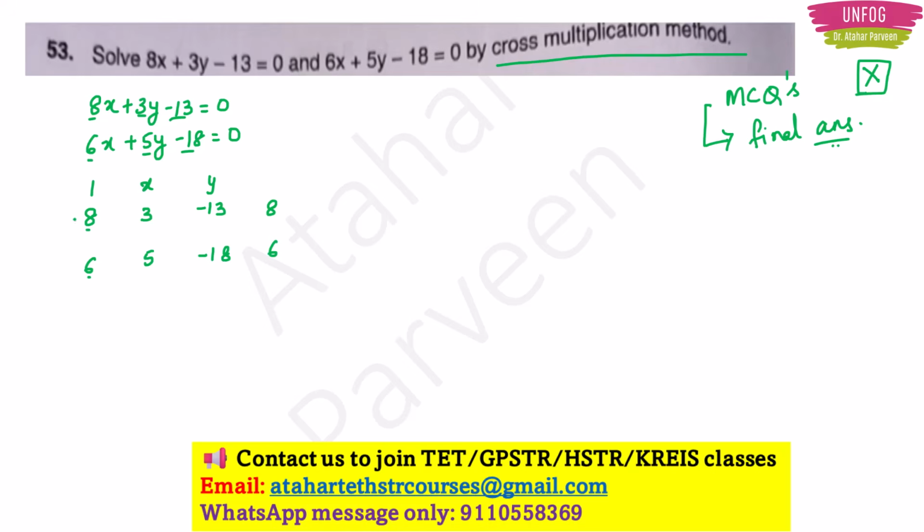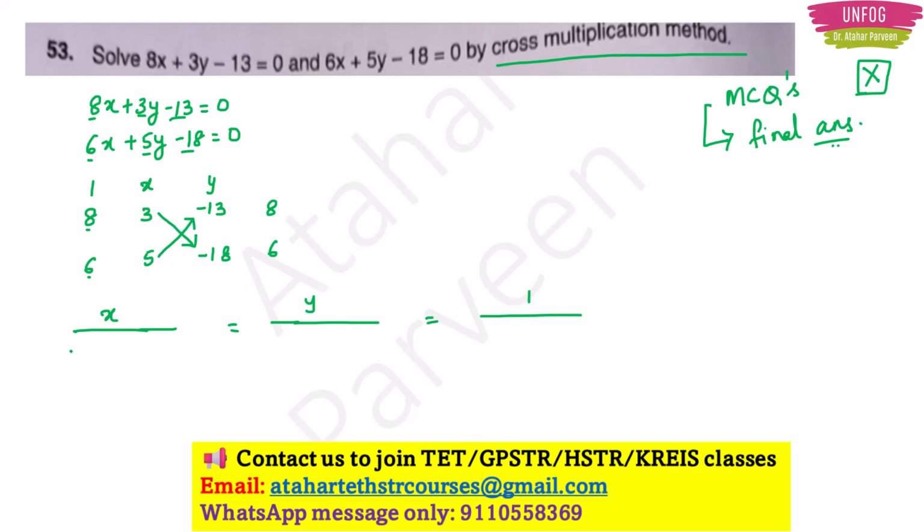Why I am telling you this is because here I have one procedure, the formula x divided by something is equal to y divided by something is equal to 1 divided by something. So below x what you have to write means you have to write 3 into minus 18 minus 5 into minus 13.